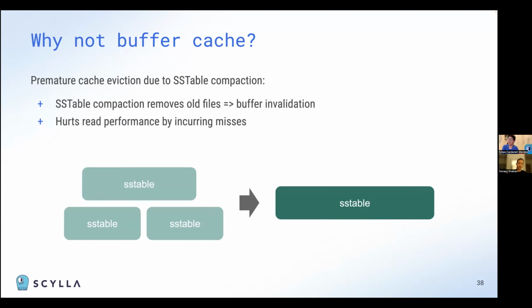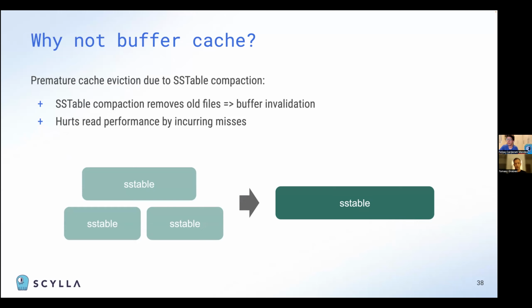Another problem with this approach is that you can get premature cache eviction due to a process called SSTable compaction, which is something inherent to the log-structured merge tree. SSTables are immutable things. So after a while, we want to merge them into one bigger SSTable. And that's done by the process called compaction.